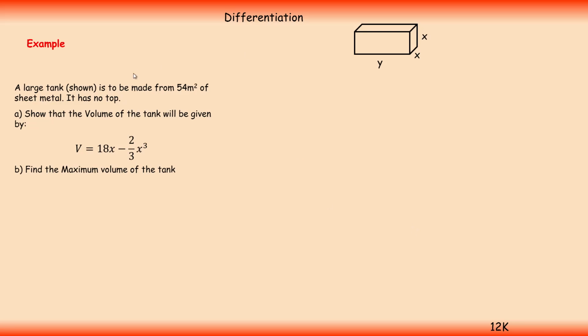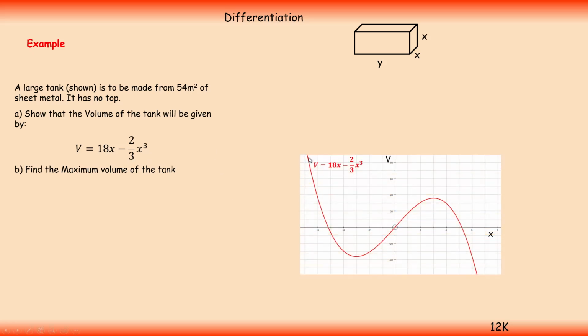Okay, so we've managed to show that the volume of the tank is equal to 18x minus 2 over 3 x cubed. Now we need to find the maximum volume of the tank. A good thing to do would be to put this formula in Desmos to have a look at what the curve looks like. You should have something like that.